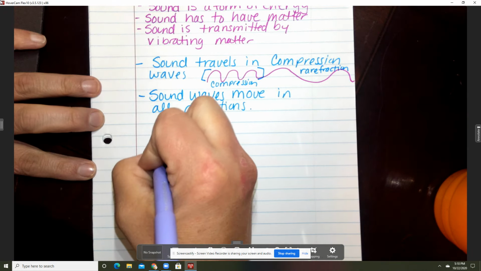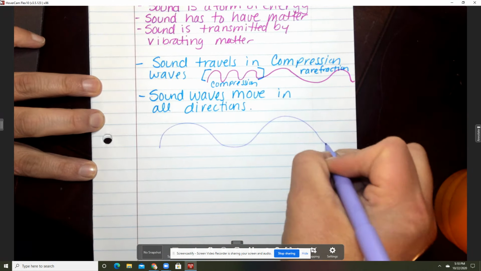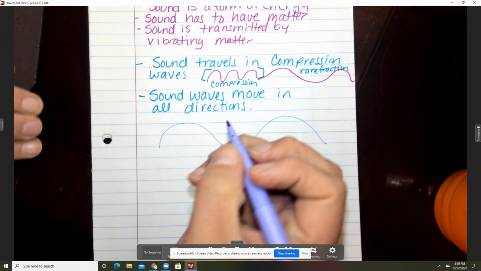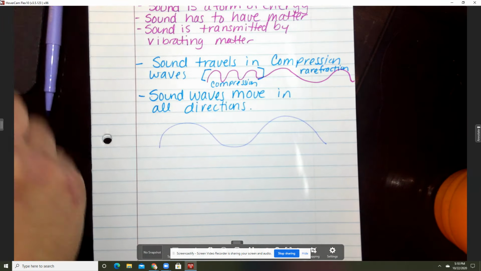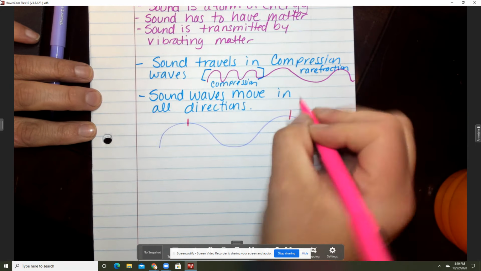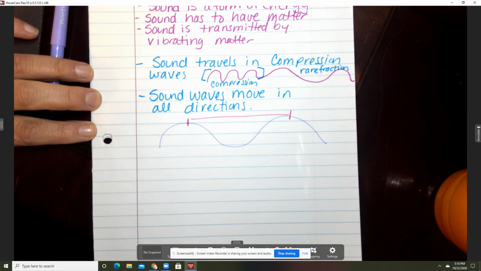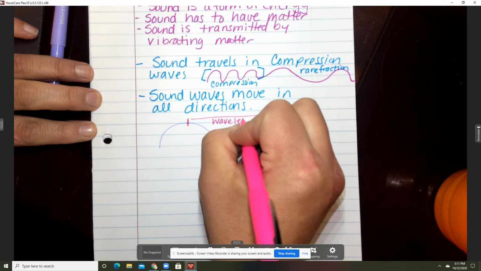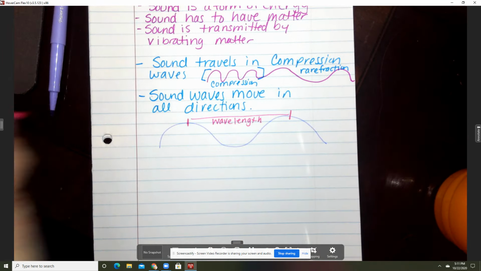All right, so a wave has different parts to it. And even like a wave at the beach, there are different parts to a wave. So from here to here is a wavelength. Okay.